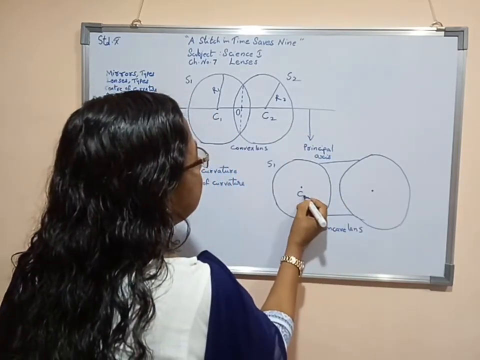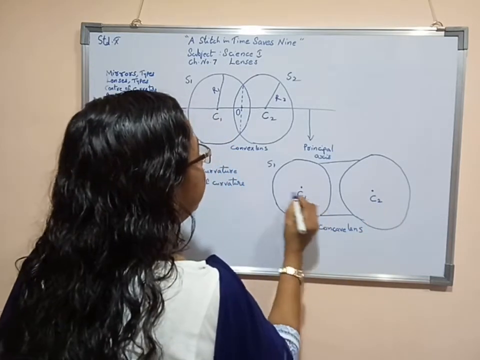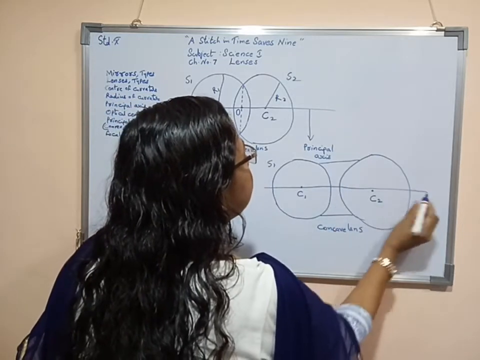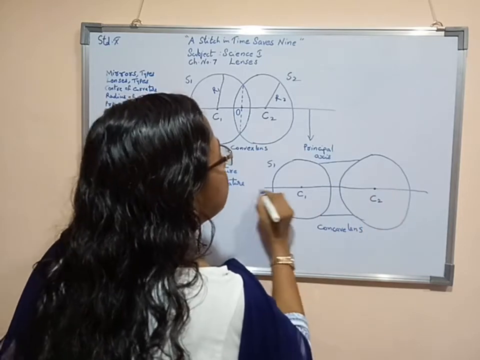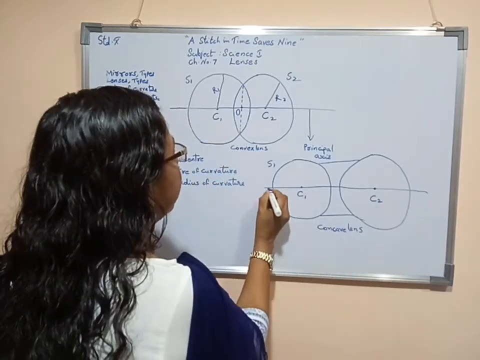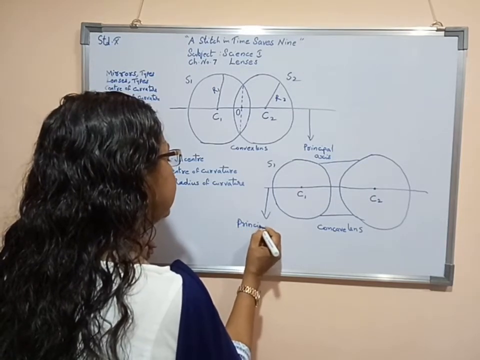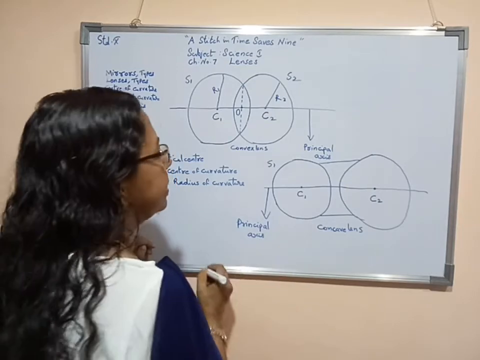This is the center of curvature of the lens. This is also the center of curvature of the lens. We are drawing a straight line through the centers of curvature. So we can say that this is the principal axis of the lens.